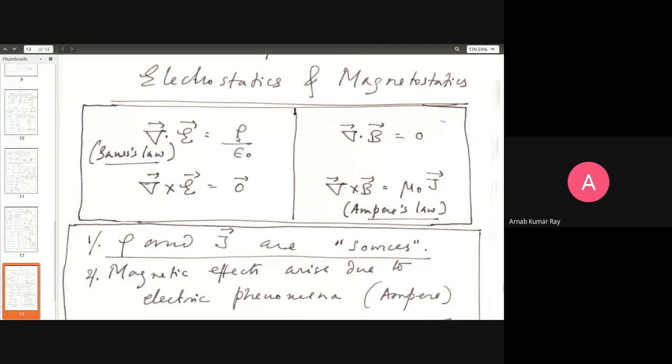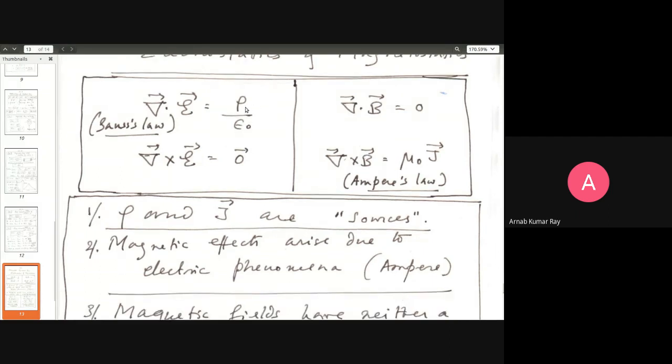So charge in electricity will be replaced by current in magnetism. Epsilon naught in electricity will be replaced by 1 upon mu naught in magnetism. And this diagonal will have 0 here and 0 here. So basically what you can see is that rho and J are the sources. If you did not have rho, you wouldn't have electric field. If you did not have J, you wouldn't have magnetic field.